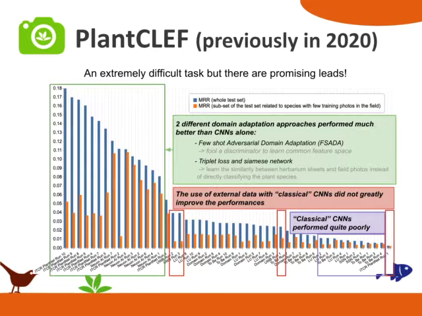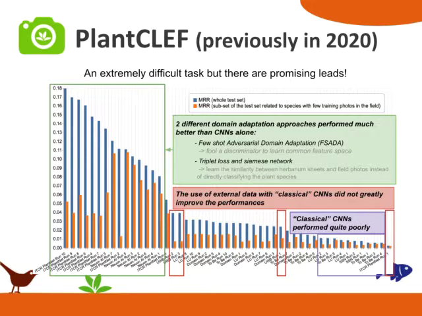Here we present the results for 2 parts of the test set, either the whole test set or, in orange, a subset of this test set that concerns the most difficult species, that are the ones for which we have no photograph at all in the training set, only herbarium sheets, or very few photographs in the training set. And so as you can see, classical convolutional neural networks that just take the herbarium sheets and the pictures all together in the training set perform very poorly on this task.